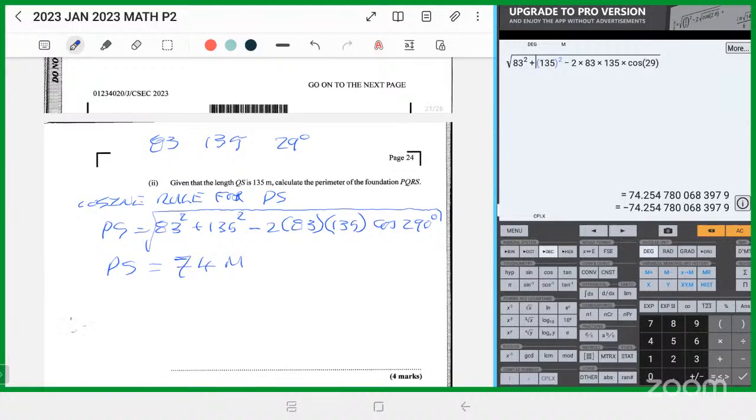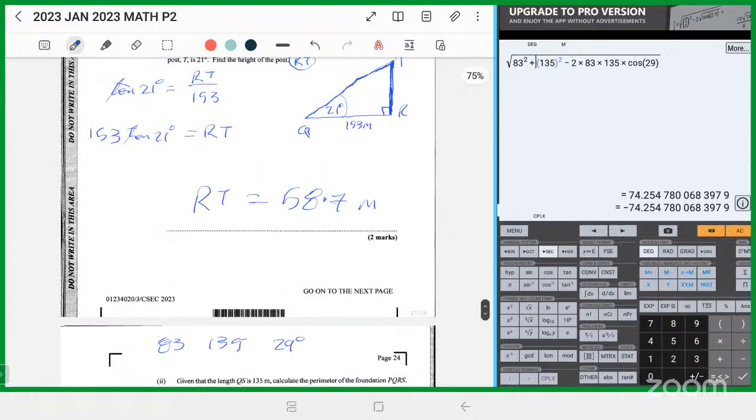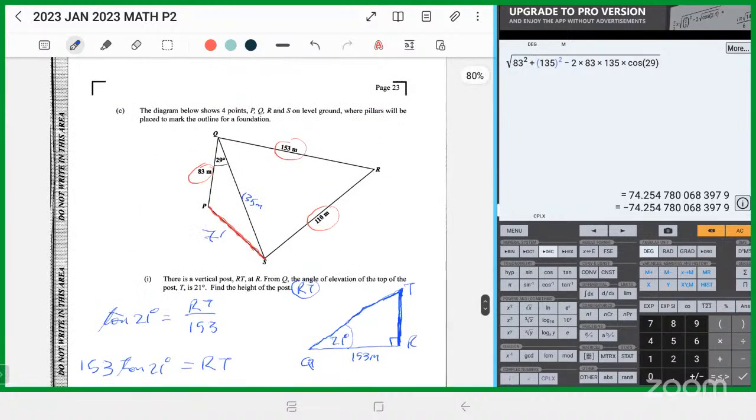Therefore, the perimeter equals, so the side is 104, right? So it becomes 153 over here, plus 83 right here, plus 74, plus 110.